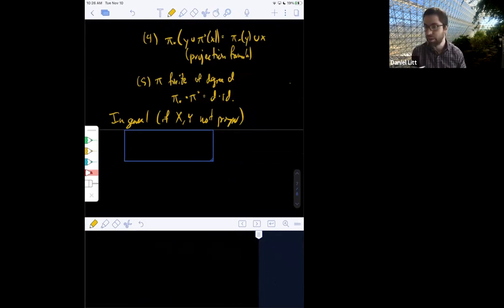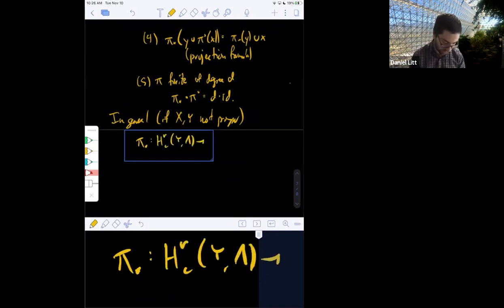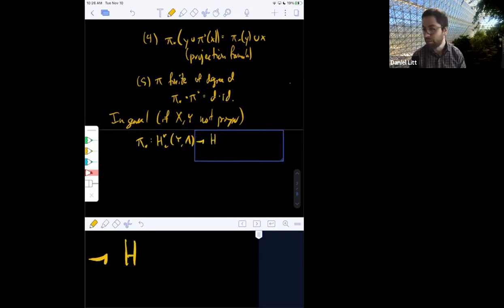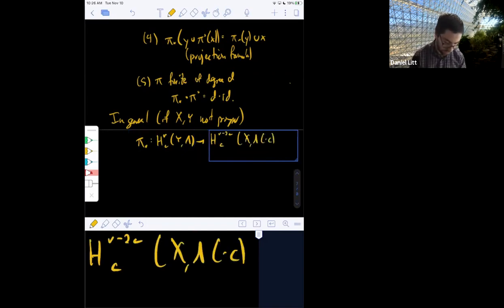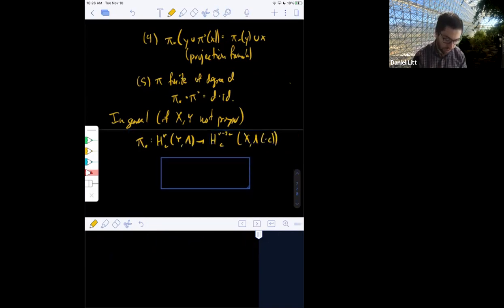But if x and y are not proper, you get a map between cohomology with compact support. So you get a map pi star from H^R compact support of y with coefficients in lambda to H^(R minus 2c) compact support of x with coefficients in lambda twisted by minus c, where again, remember minus c was the relative dimension.